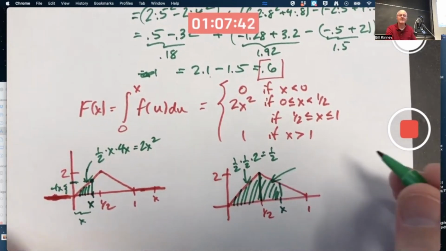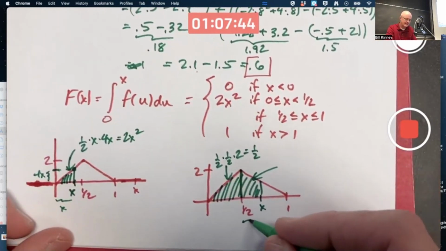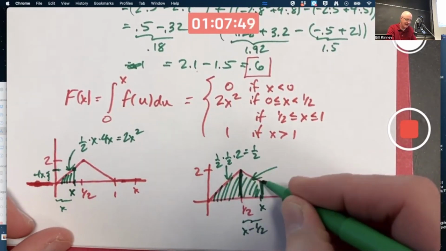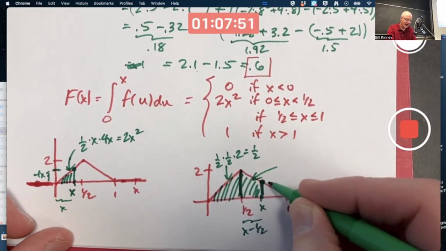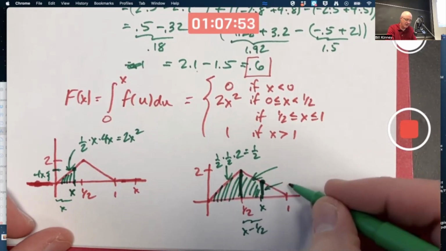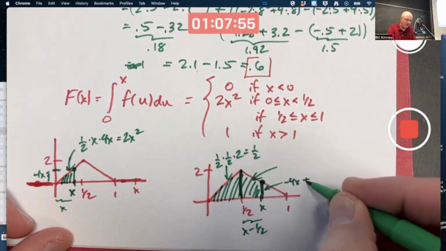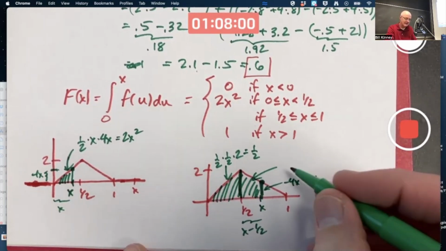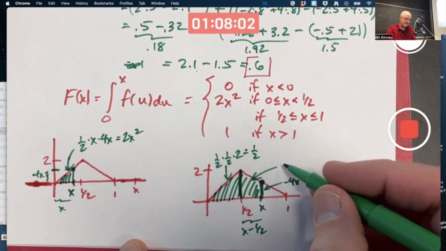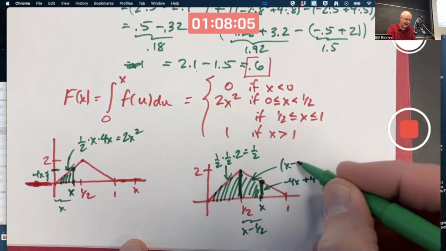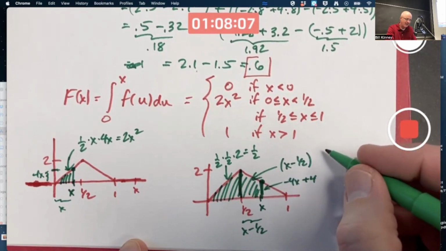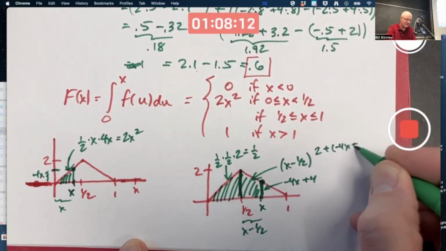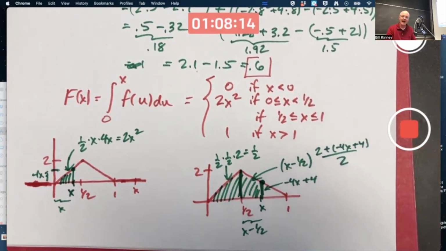That's a trapezoid. Base is x minus 1/2. This height is 2. What's this height? That height is the equation of this red line, negative 4x plus 4. And that is a positive number when x is between 1/2 and 1. The area here is the base, x minus 1/2, times the average of the heights, 2 plus negative 4x plus 4, over 2. That's the average of the heights.